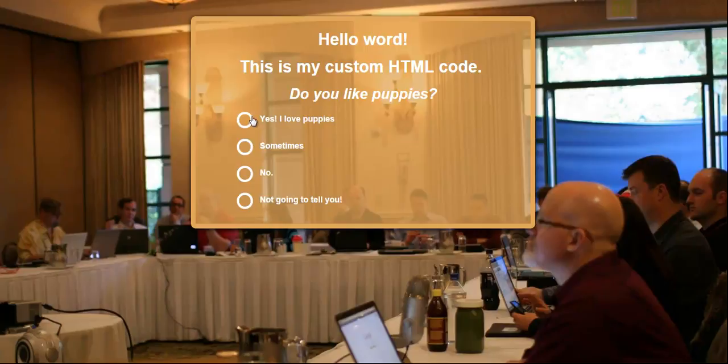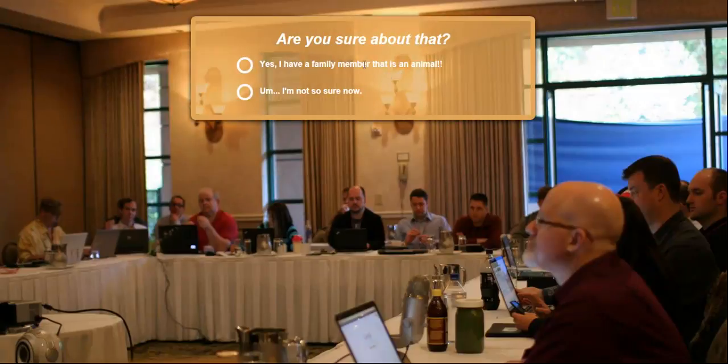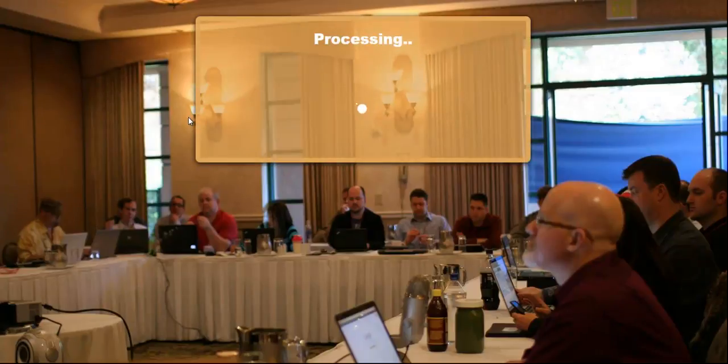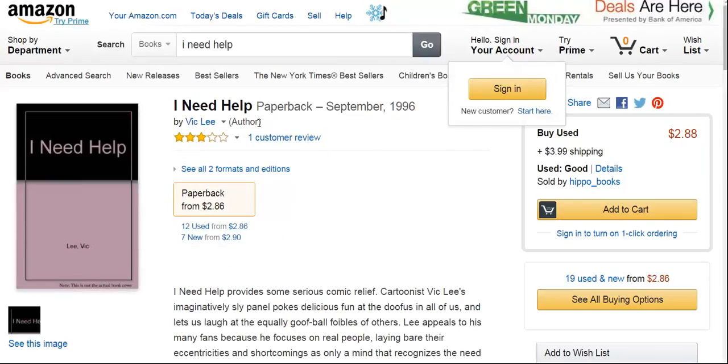Instead of answering yes, this time I'm going to answer no. Do you like puppies? No. Do you like cats? No. Are you sure about that? I'm not so sure now. But I'm going to say yes, I am sure that I don't like. Based off of this, it sends me to Amazon saying that I need help.